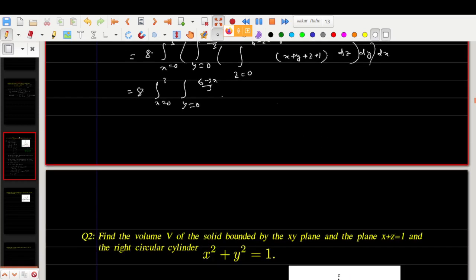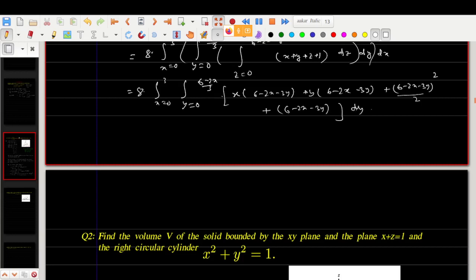So now it will be x times 6 minus 2x minus 3y, plus y times 6 minus 2x minus 3y, plus 6 minus 2x minus 3y whole squared by 2, plus 6 minus 2x minus 3y, and this whole integration is first with respect to y and then with respect to x.